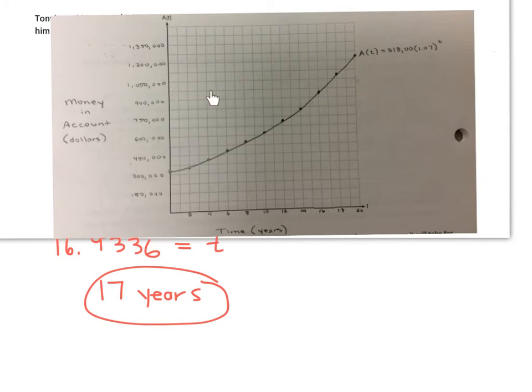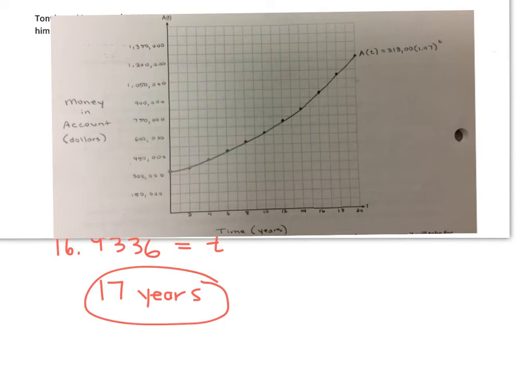If we follow 975,000 over, see how year 16 is below that? So it didn't reach 1 million. But then when we get to 17, it looks like it's up here. And if you go to your table of values, you will see at 17 years, your y value, which is your A of t value, is above 1 million.